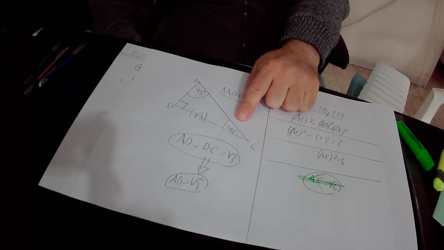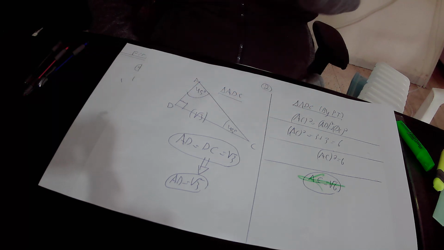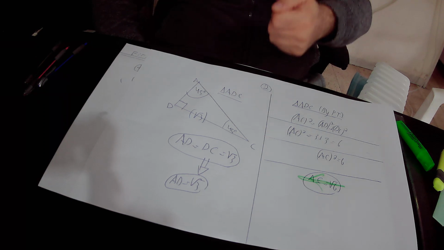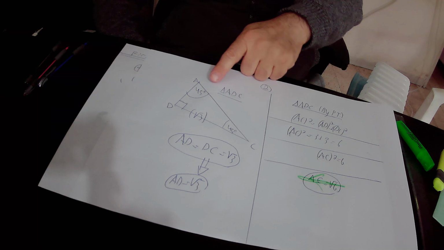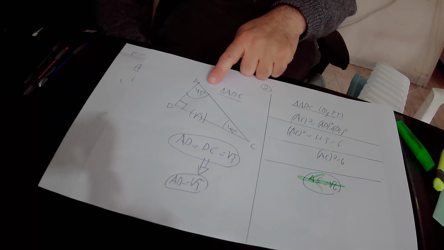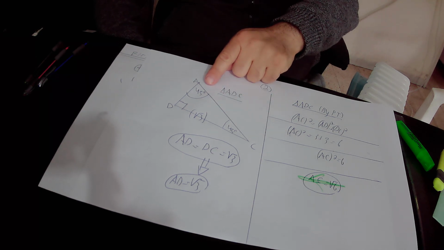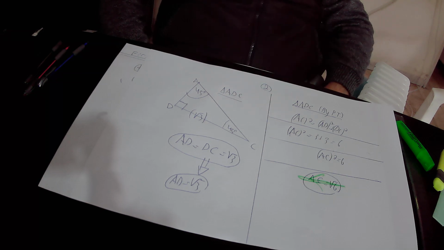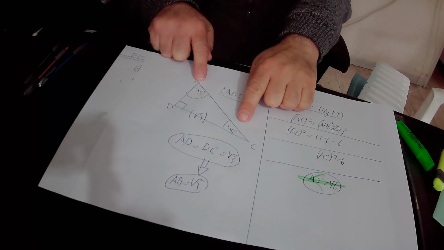So in the right triangle ACD, this angle equals 90 degrees and this angle equals 45 degrees. 90 degrees plus 45 degrees equals 135 degrees. So the missing angle must equal 45 degrees in order to complete the sum of the angles in this right triangle ADC to 180 degrees. So those two angles are both equal to 45 degrees, therefore they are equal to each other.